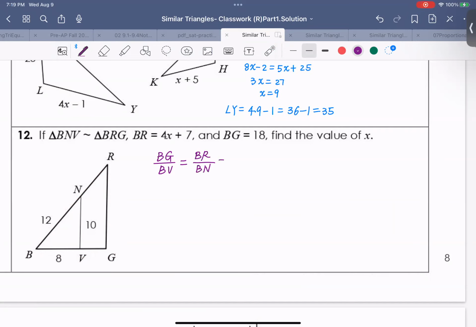Yes. And then also equals RG over NV. And then it would be 18 over 8 is equal to 4x plus 7 over 12.